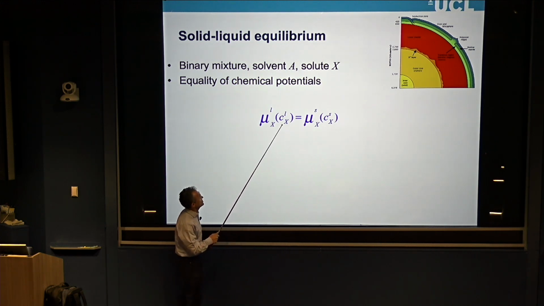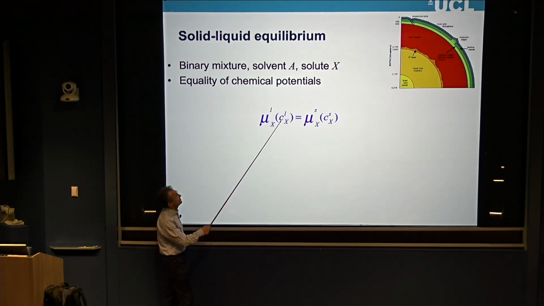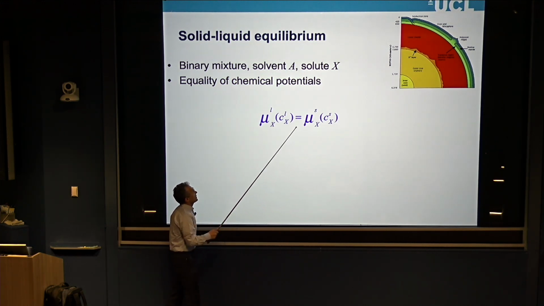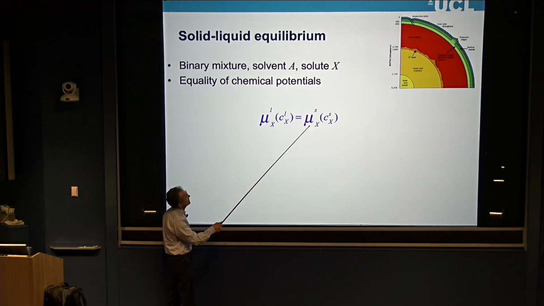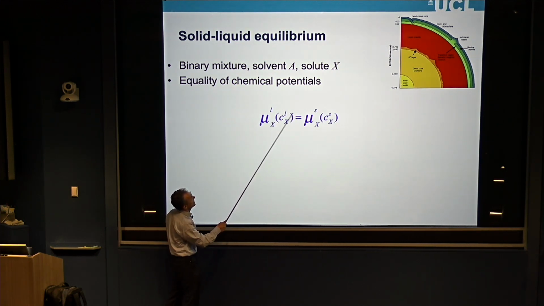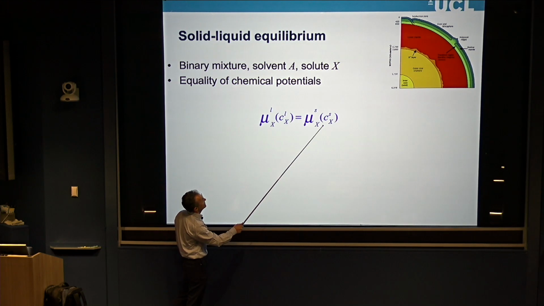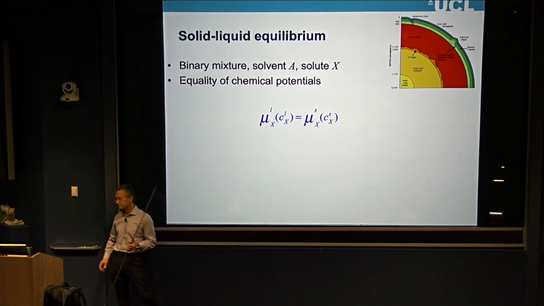And these chemical potentials depend on the concentration. So this equality in general will result in having two different concentrations in the two phases.